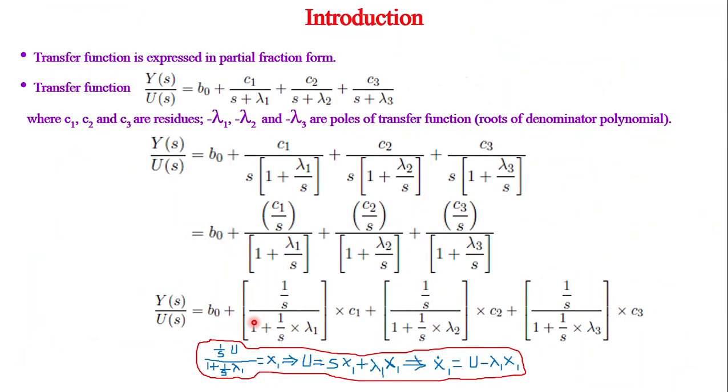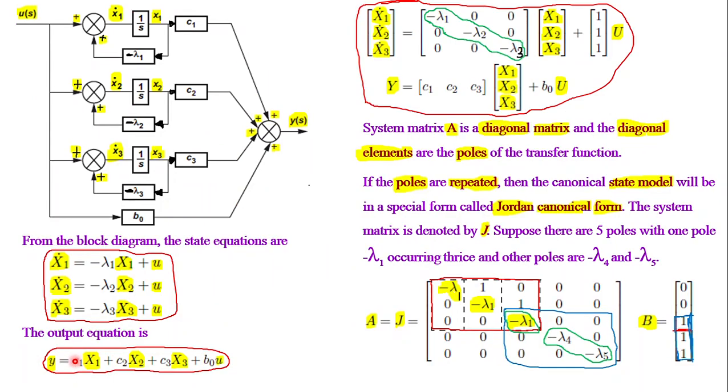How have we written the output? See, y is equal to b naught u plus this is your x, right? That is, u multiplied by this is x. Therefore y equals b naught u plus c1 x1 plus c2 x2 plus c3 x3.